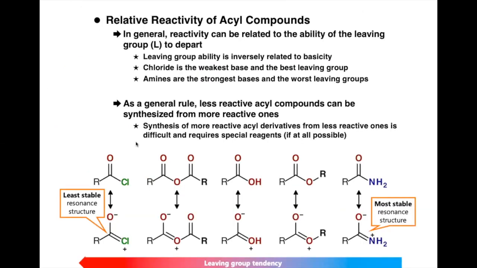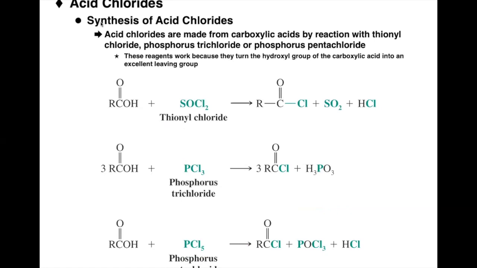And therefore, yun yung sinabi ko when it comes to relative reactivity of acyl groups. So it has something to do with basicity of the leaving group. I already mentioned.